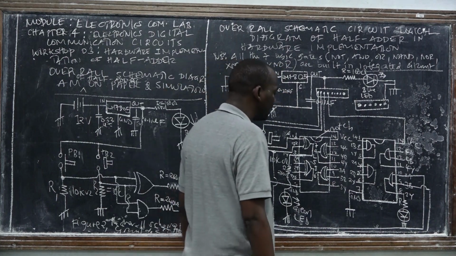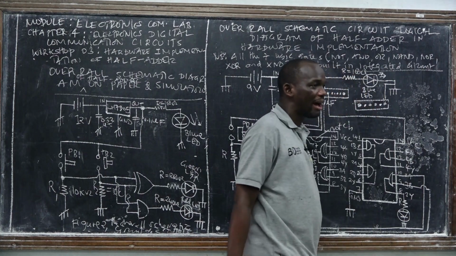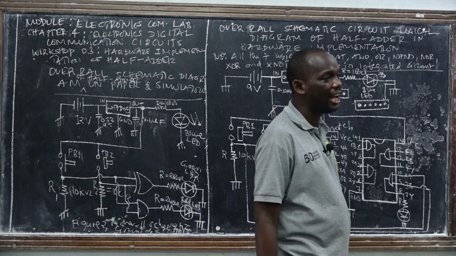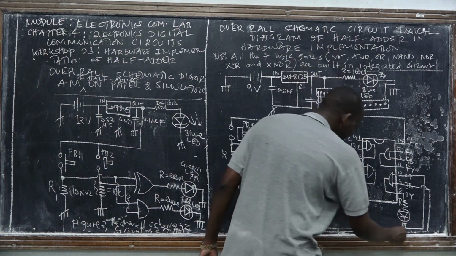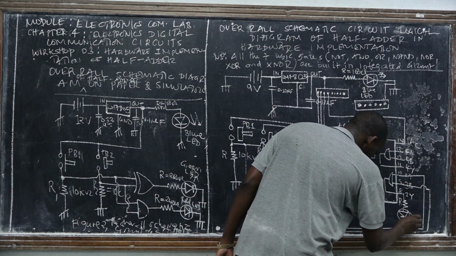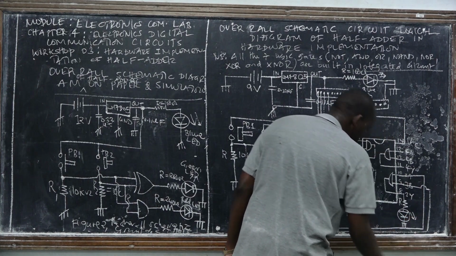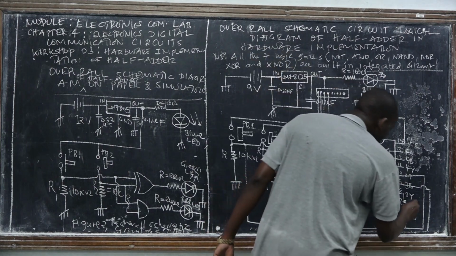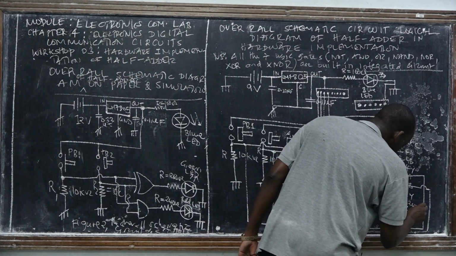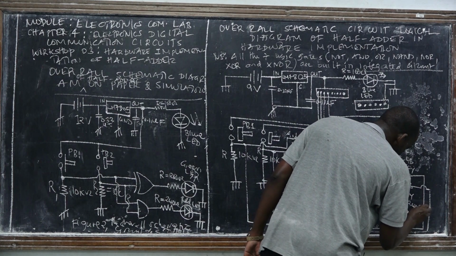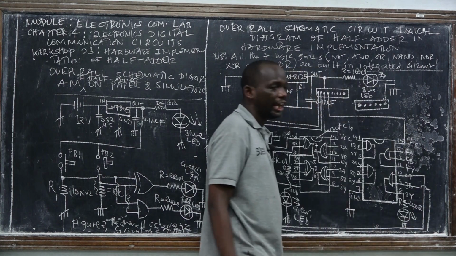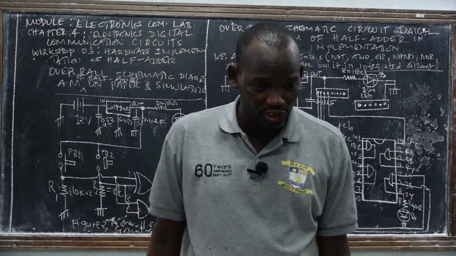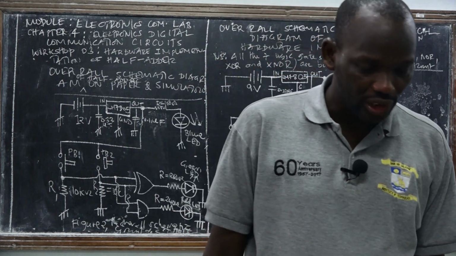So what is the resistance of this resistor? 240. So the resistance of this resistor is 240 ohm. Say ohm. Because you may just remember 240, but you forget ohm, and 240 is meaningless.